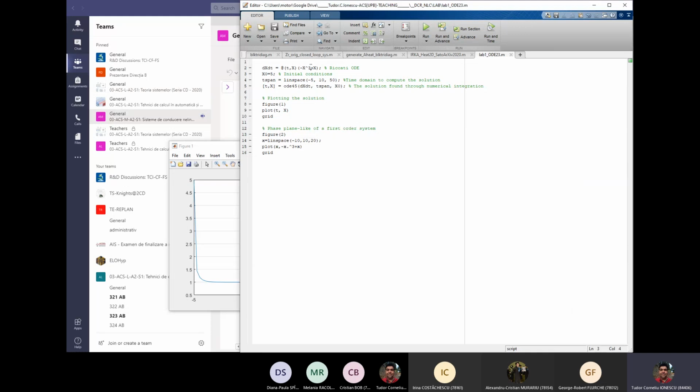Then we were having x squared minus x. So this is a plus, and this is a minus, and this is the Riccati, which we remember from last week. x squared minus x. We run it.